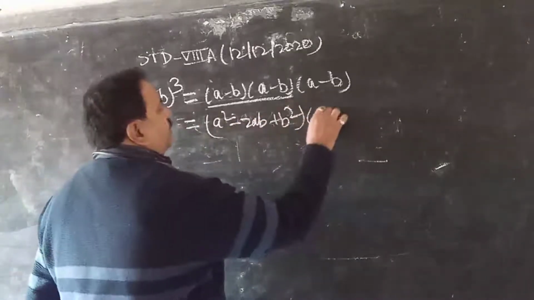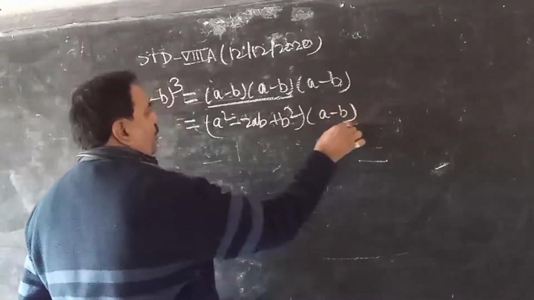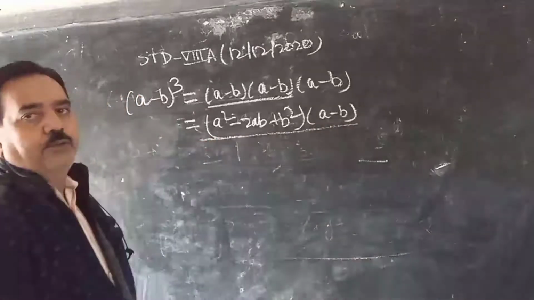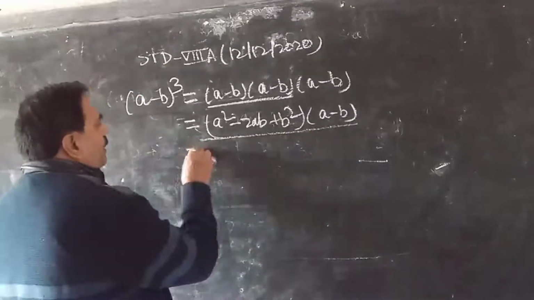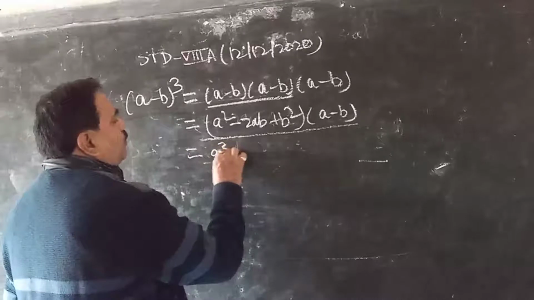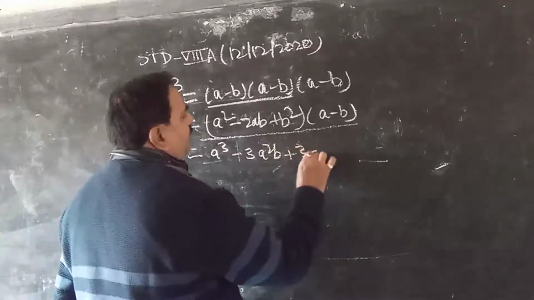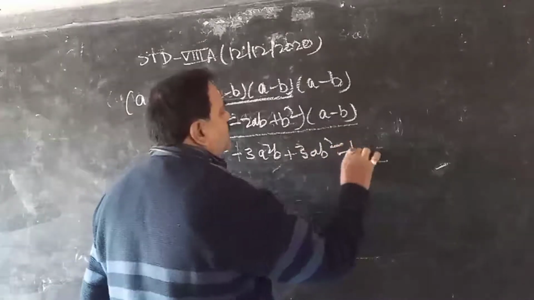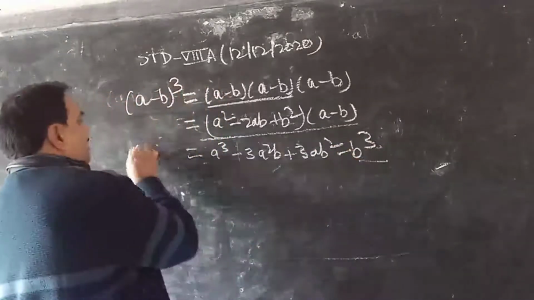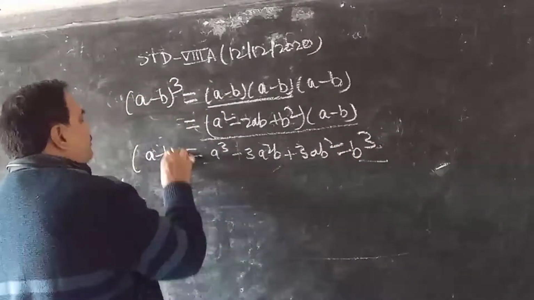And the third bracket is a minus b. When we multiply these two brackets together, finally we will get a cube minus 3a square b plus 3ab square minus b cube. And this is the formula of (a - b) whole cube.